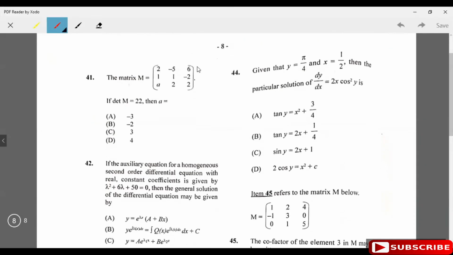It says that the matrix M has a determinant of 22. So let's find a.